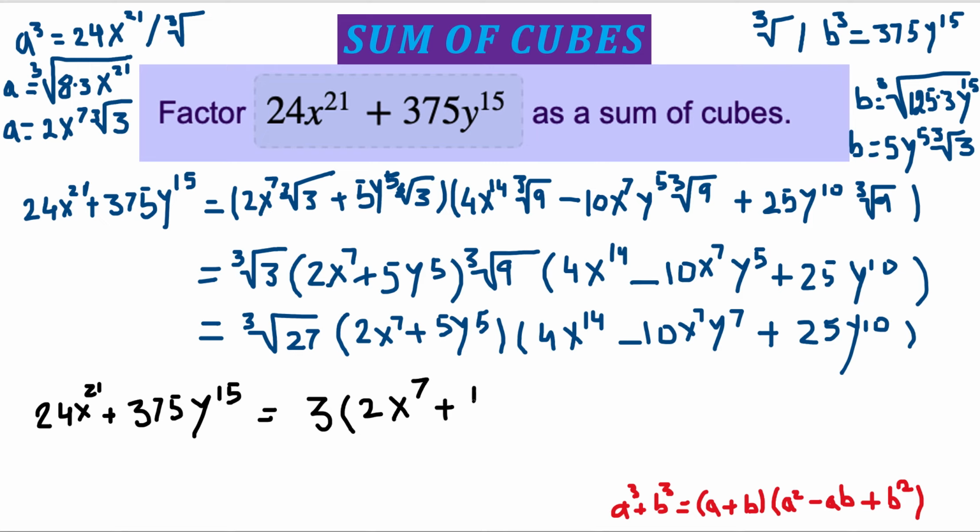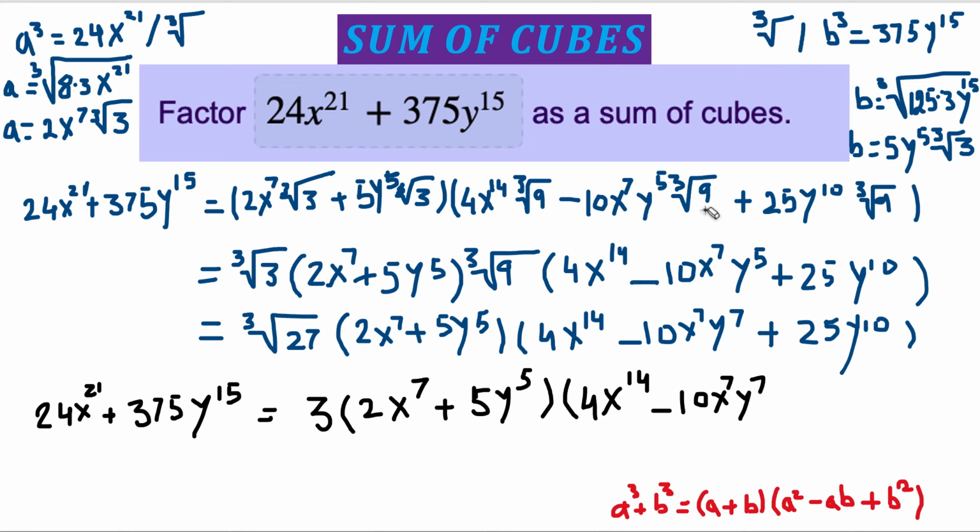Plus, this is the final answer here. 5y to the 5 times 4x to the 14. Looks a little bit messy because it's a little smaller calculation, but I don't think it's very hard. Here is a 5.